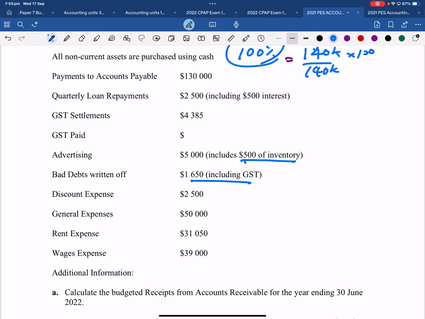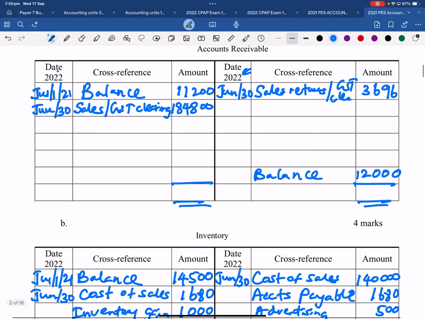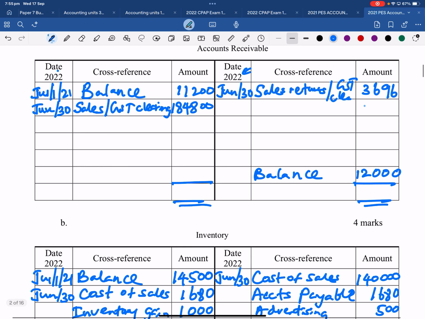Where do you debit? Bad debts? No. Allowance for doubtful debt. Okay? Not bad debts. Allowance for doubtful debt. So then we will credit the accounts receivable 1650, saying allowance for doubtful debts / GST clearing.